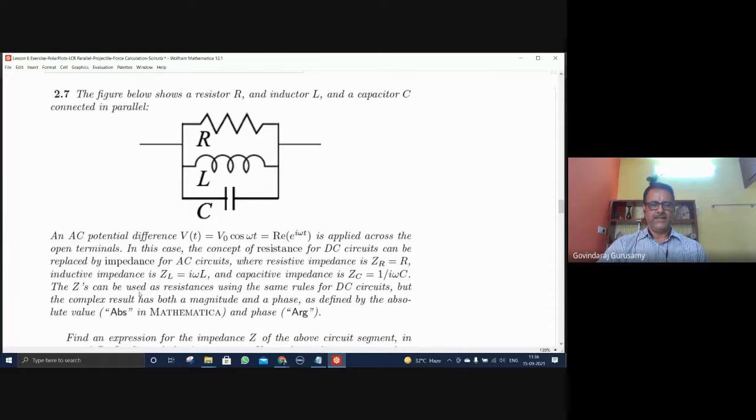The Zs can be used as a resistor using the same results for DC circuits. I already mentioned that. But the complex result has both magnitude and a phase, as defined by the absolute value, Abs in Mathematica, and the phase, the Arg, argument, the phase.